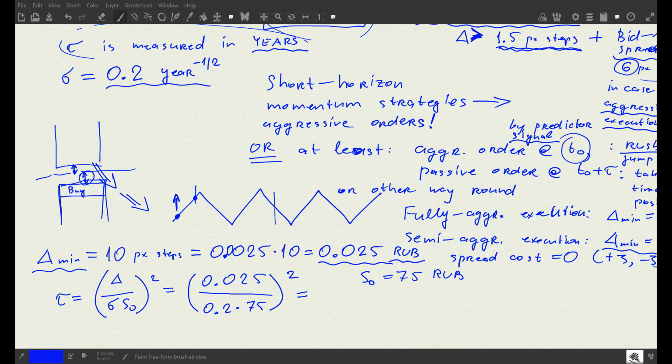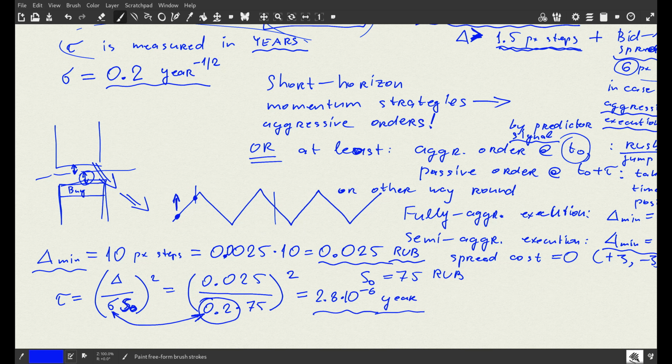And then unfortunately, why did we have to do it in years? Because our sigma is known in years. The typical values of sigma, or volatility, are computed in years, and that's why we had to use 1 year as a time unit, because otherwise we would need to recompute our sigma anyway.